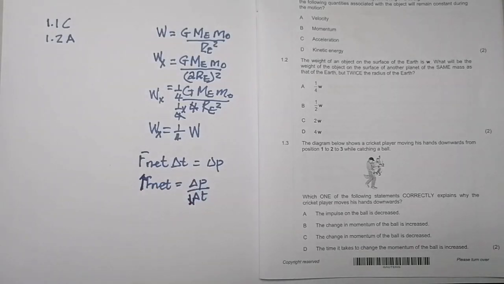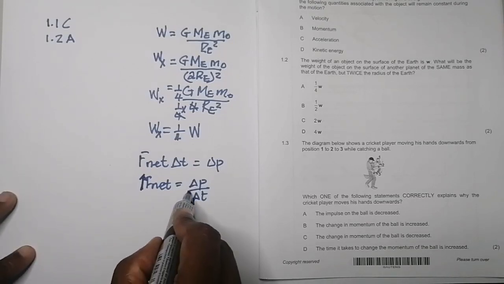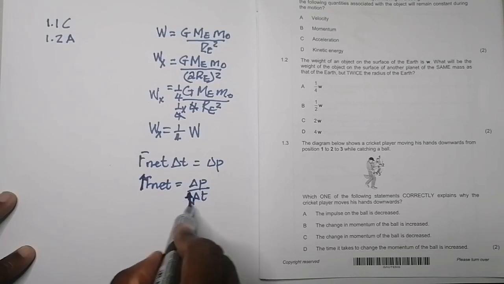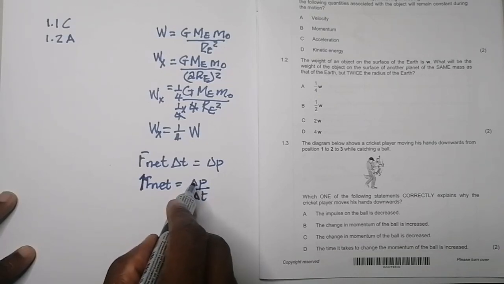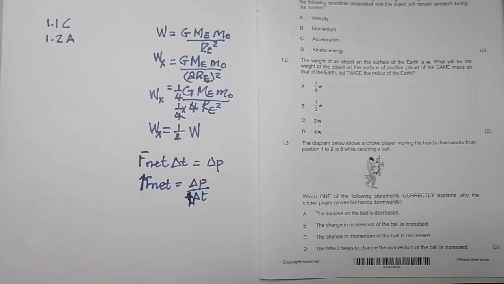Okay, so what would the cricket player want to do? He'd want to extend, or prolong, the time that it takes to change that momentum. And what that does is actually reduce the force of impact. So in that case, I think the most correct answer is D, because it says that the time it takes to change the momentum of the ball is increased, as we've just said.